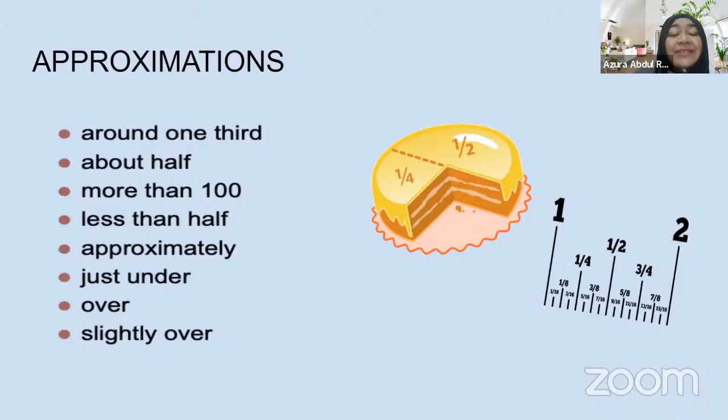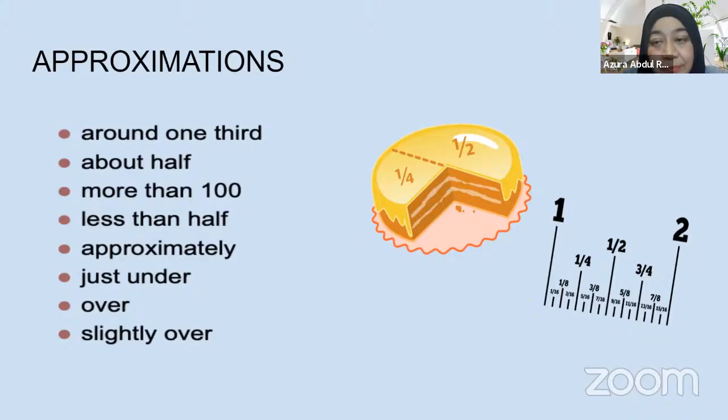For example, if it's less than half, what is a different way of saying less than half? Half is how many percent? 50. 50, that's right, 50%, right? So if it's less than half, how would you say it differently?